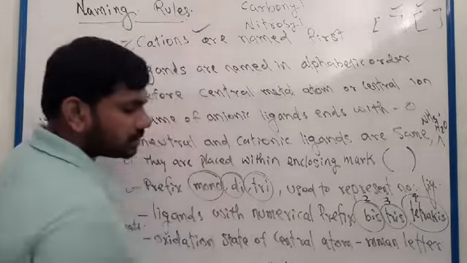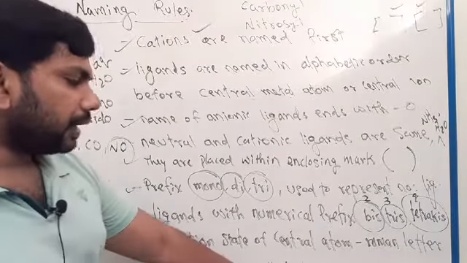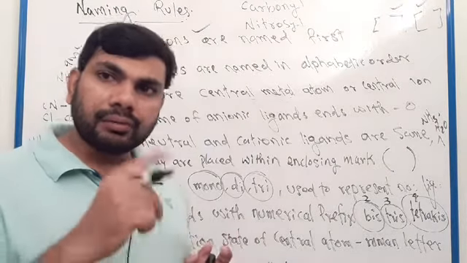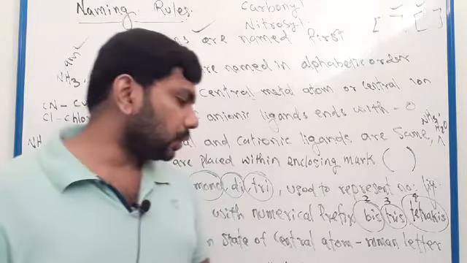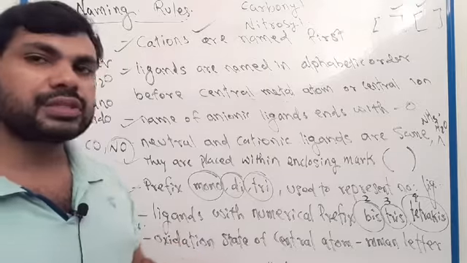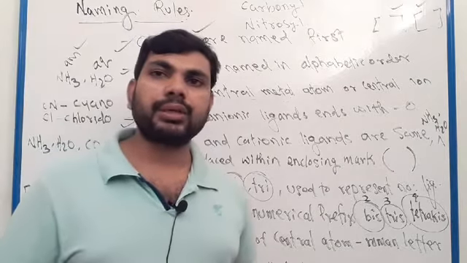So we will use Roman numeral I, and this Roman numeral will be included in a curved bracket. So this is the way to write the oxidation state of central metal atom or central metal ion.